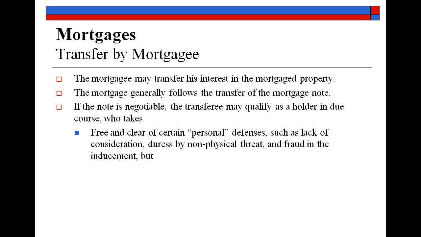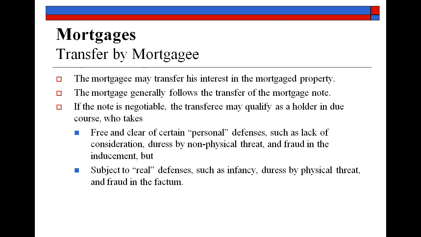However, even if the transferee is a holder in due course, the transferee will take subject to real defenses that include infancy, duress by physical threat, and fraud in the factum.